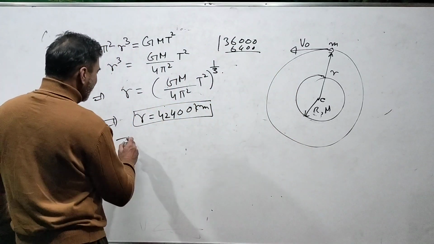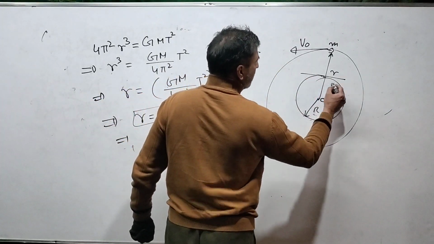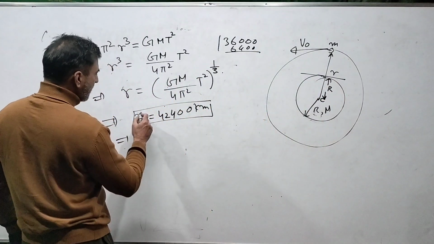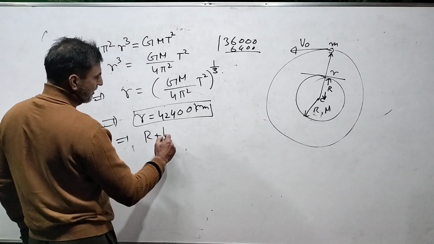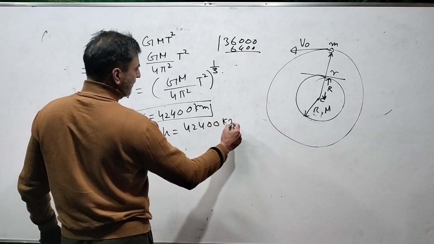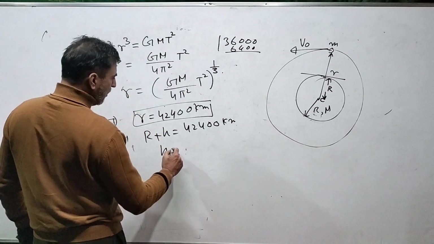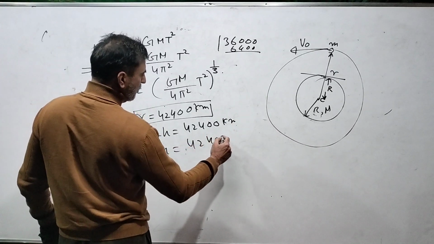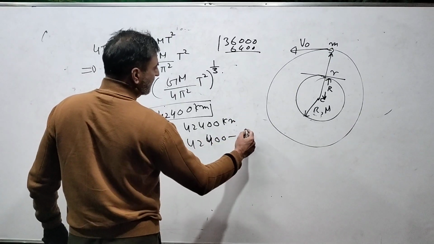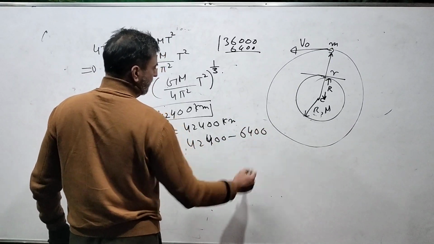Okay, but how far away is it from the surface of the Earth? Because here it is r. How far is it from the surface of the Earth? This r is R plus h, that is 42,400 kilometers. And h is equal to 42,400 minus R, that is 6,400 kilometers.